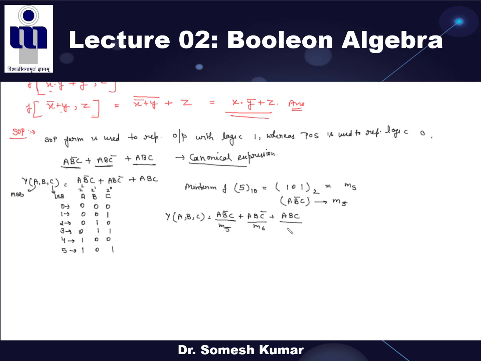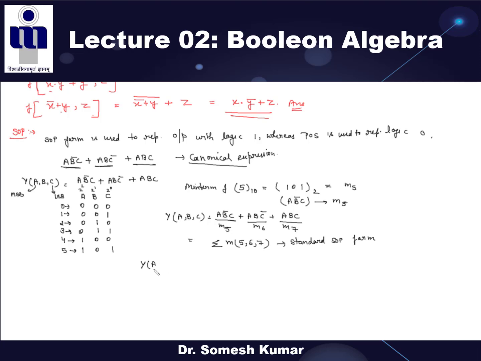What is A B C? M7. And the standard SOP form can be represented as the summation of minterms 5, 6, 7. So this is your standard SOP form. If I ask in the exam to write the standard SOP form of this expression, this is the answer.